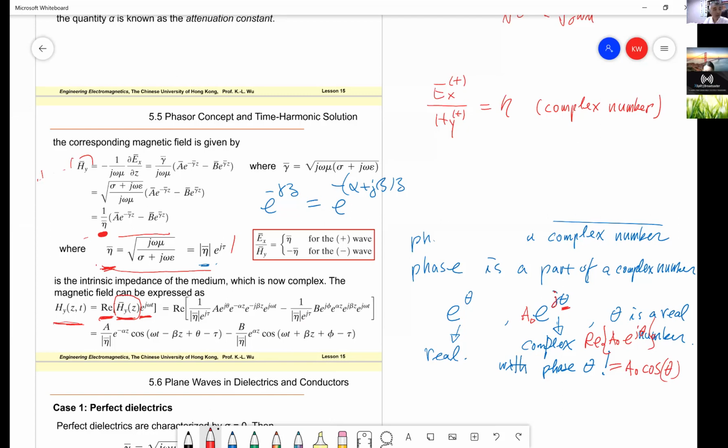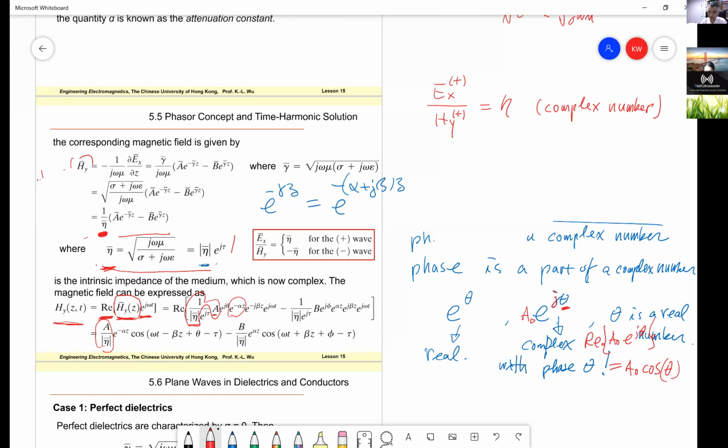Then you can take the real part now, because A divided by this magnitude is a real number, and this attenuation is a real number.